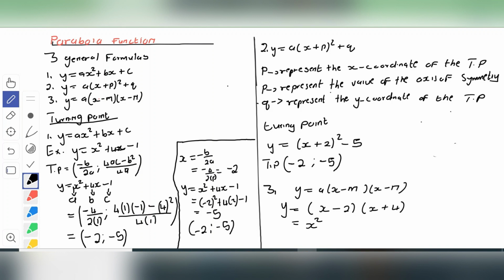Then x multiplied by 4 gives us plus 4x, minus 2 multiplied by x gives us negative 2x, and negative 2 multiplied by 4 gives us negative 8. We know that negative multiplied by positive is negative. Let me write them here.